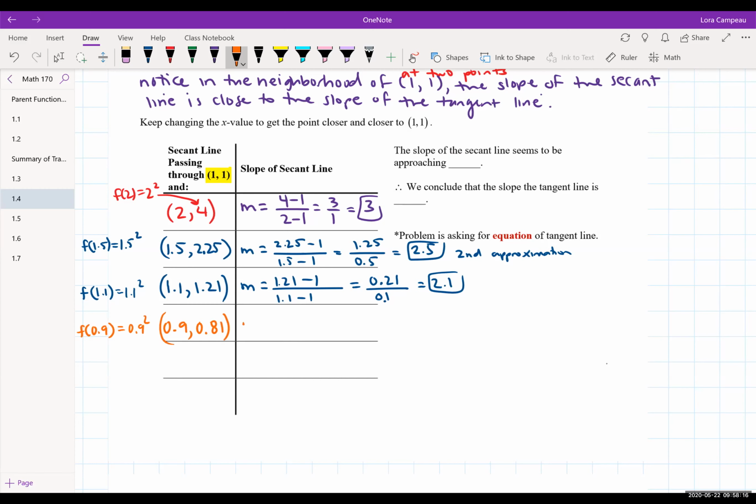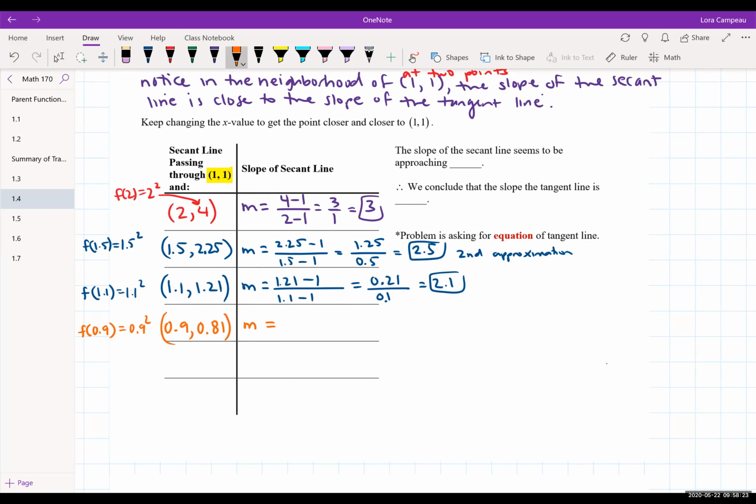So now if I find the slope of the line through that point and 1, 1, we can calculate it. And I know we have ways to do this a little bit faster, but I'd like to write it out just to emphasize what we're actually doing each time. So the differences of the y's over the differences of the x's.